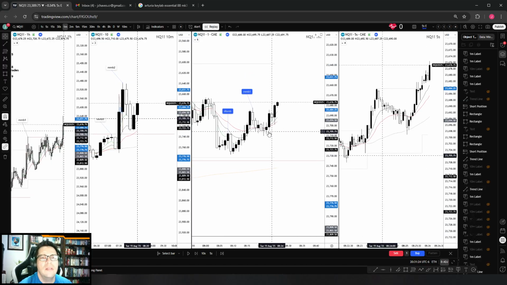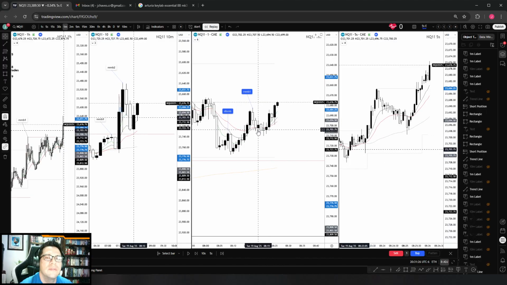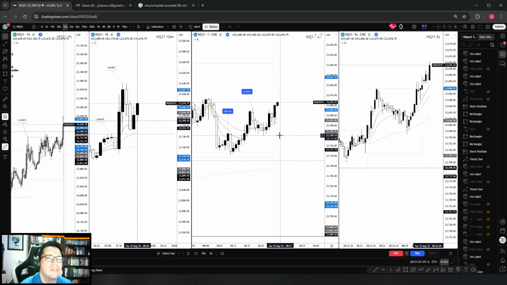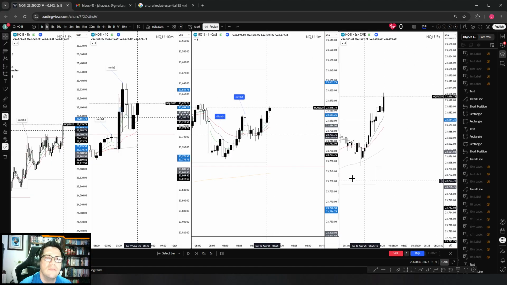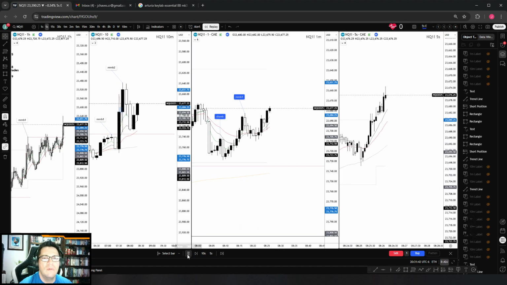I would say due to the way that this happened, price stayed a little bit under the EMAs and then basically validated this, I would still consider this as part of the cycle. So no reset here, but instead a continuation to the downside. So let's keep on watching there.